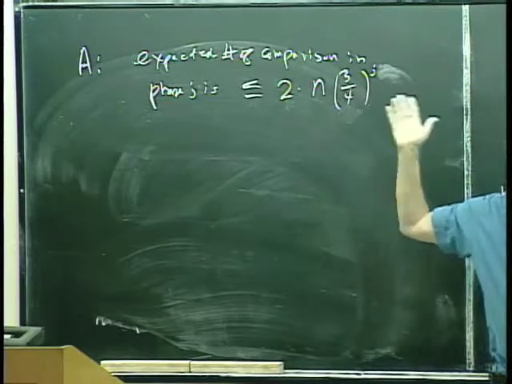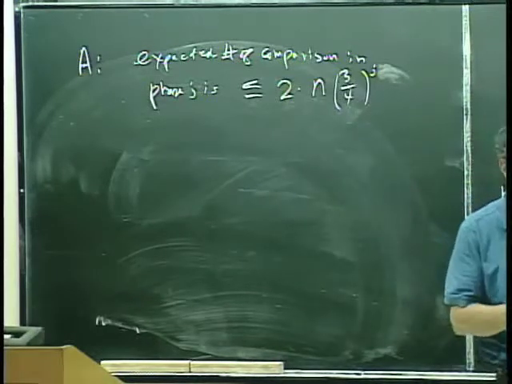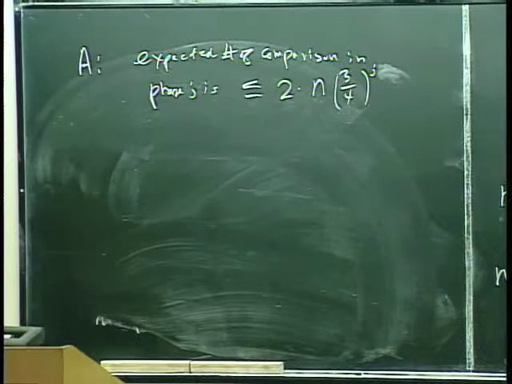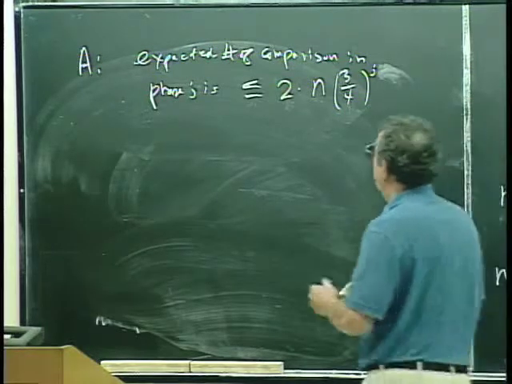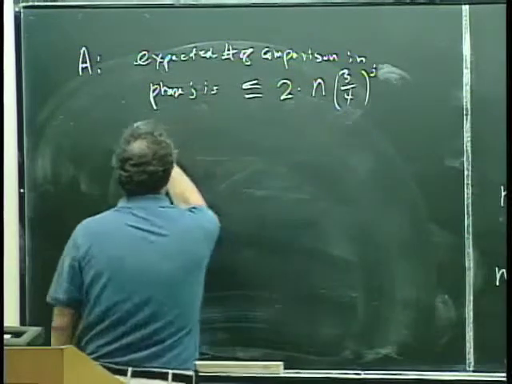Does that corrupt things, or is this still okay? When you focus on that question, it'll force you to go through the analysis and understand all of the elements. So the expected number of comparisons in phase J is bounded by that.